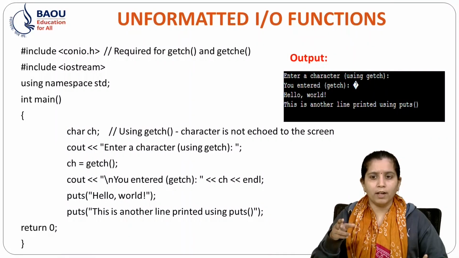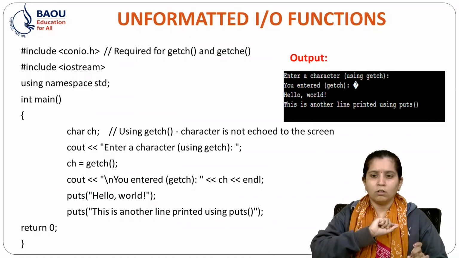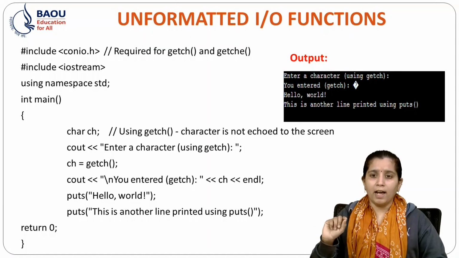I hope now you get the idea about how getch works. And why have we used puts? Puts is used to print the entire string or a group of words in a single sentence. Now I hope you understand the unformatted input-output functions in detail.